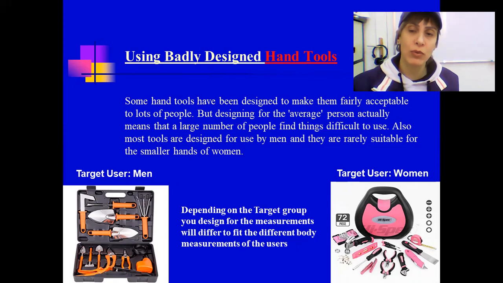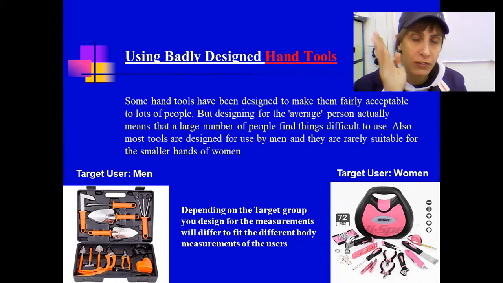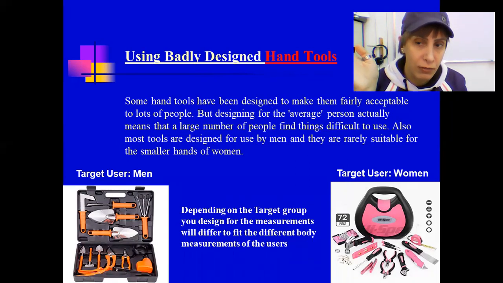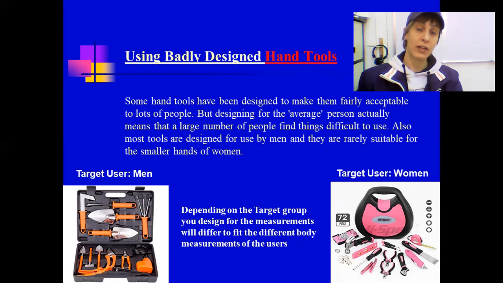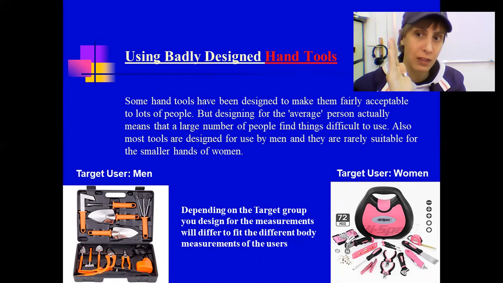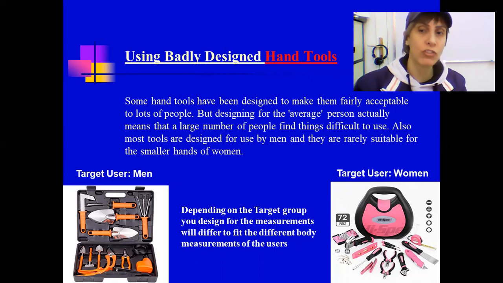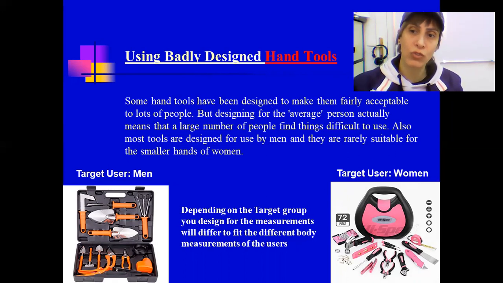If you remember, when we discussed anthropometrics, we discussed percentiles, the 5th percentile, the 50th, and the 95th. And I said that the 50th percentile is the average. And the average is used in some designs, the average measurements of the human, but it can create some issues.